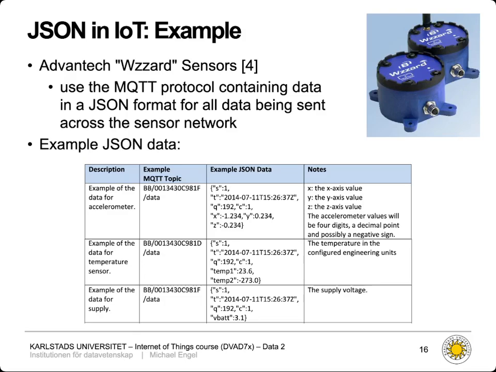So this is example JSON data, which has information S, whatever S is, we'll see this in a bit. T, well, we can imply what T might be, that's a timestamp, and we've talked about time in systems before. We have Q and C, we don't exactly know what these are, but if you look at the additional data sets here, you see they seem to appear in all of the data sets, so there's something common in them.